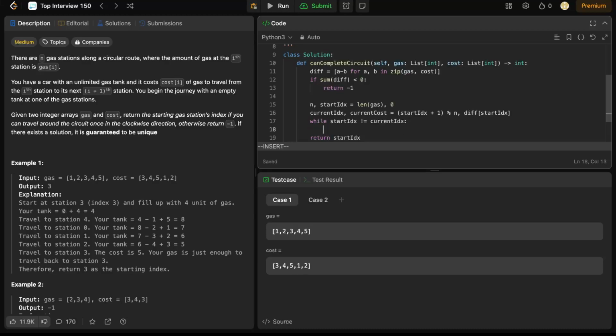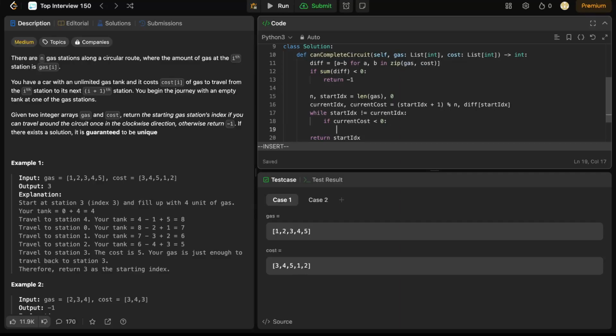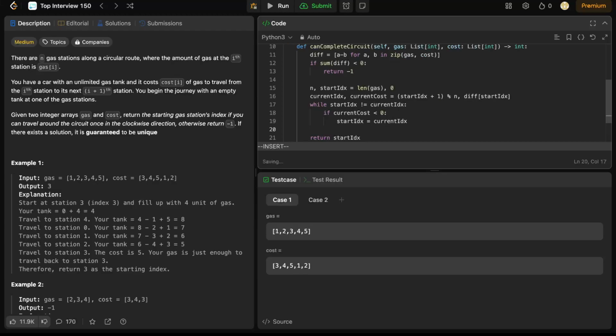we first need to check if current cost is less than 0. We have to reset a few things. We would first need to reset the start index. So start index would need to now be current index, I believe. And we would need to update the current cost to be equal to the difference of start index.